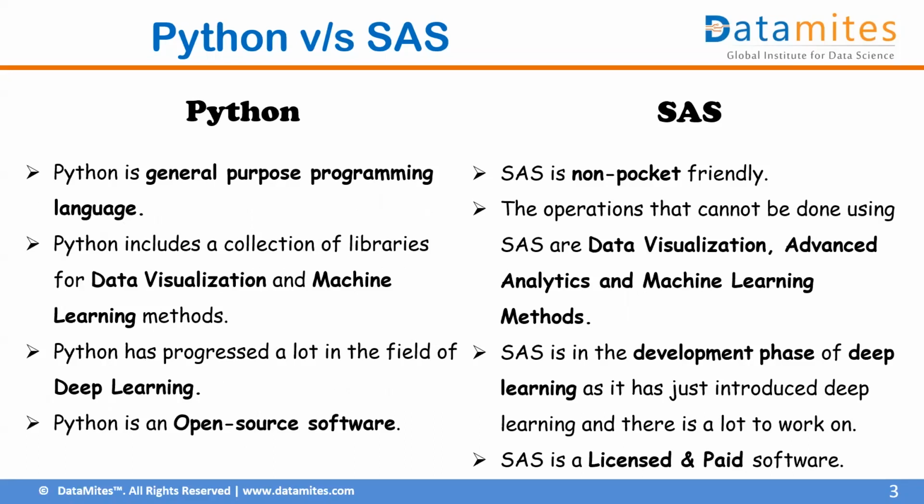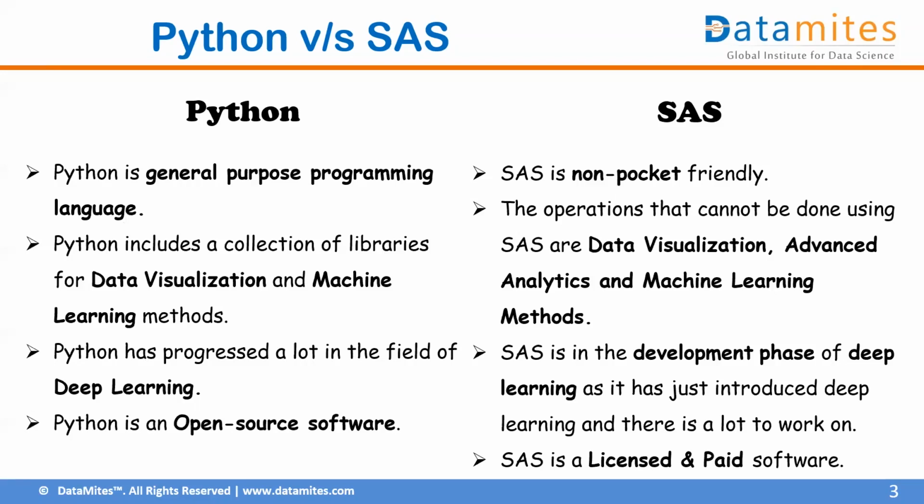Python is a general purpose programming language, as we discussed earlier. So it is not only meant for machine learning and data science. It can also be used in web application development, Android application development, game development, and building tools. Python is widely used and provides multiple platforms to work on.